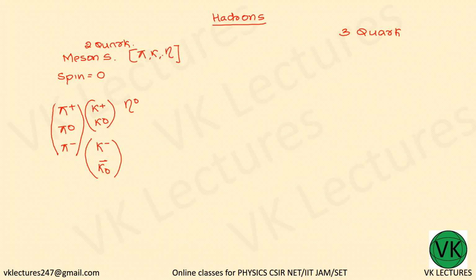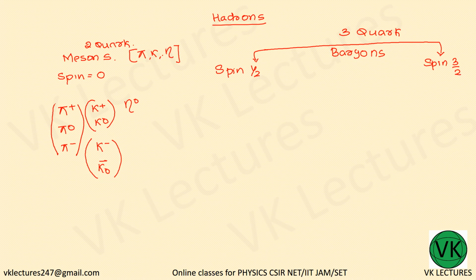And coming to quark, 3 quark group, we have either spin half or spin 3/2 group. So for 3 quark we name it as baryons. Now this can be spin half baryon or spin 3/2 baryon.